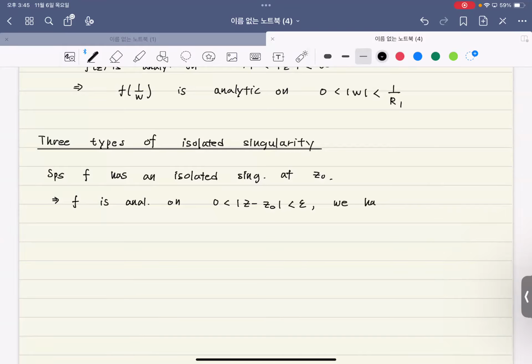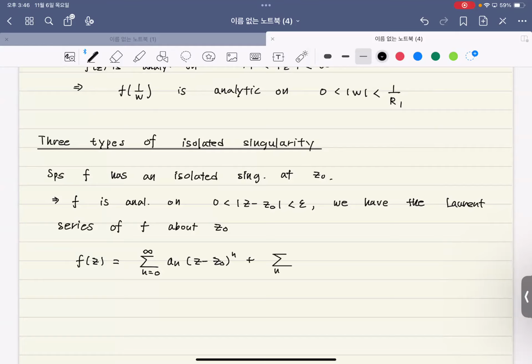Let's say that the Laurent series of f about z0 looks like this: the sum from n equals 0 to infinity of a_n, the positive powers of z minus z0. And on the other hand, I also have the negative powers of z minus z0.